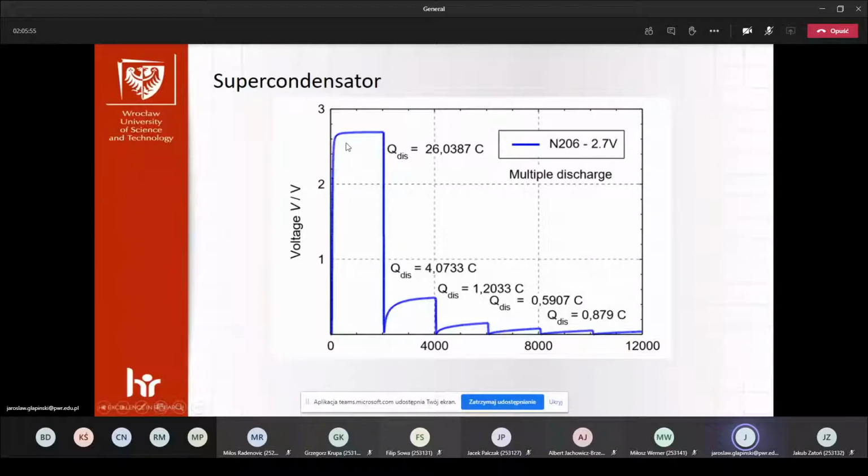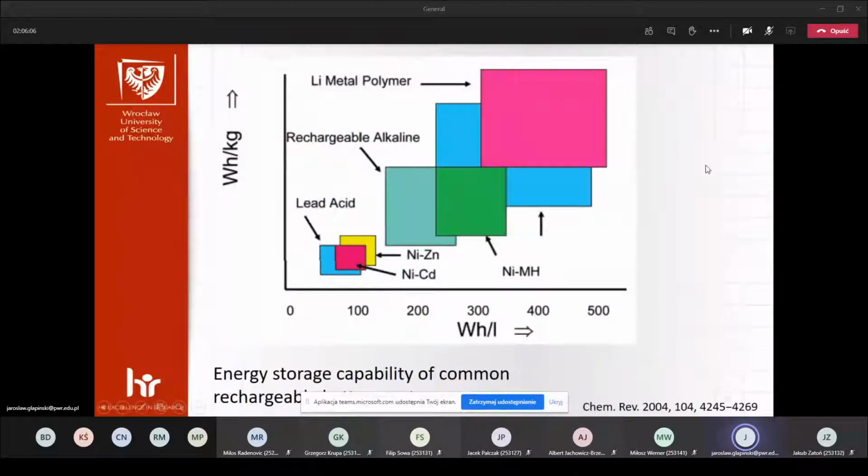Of course, if we discharge this element slower with lower capacity, we've got this process like batteries. Okay.